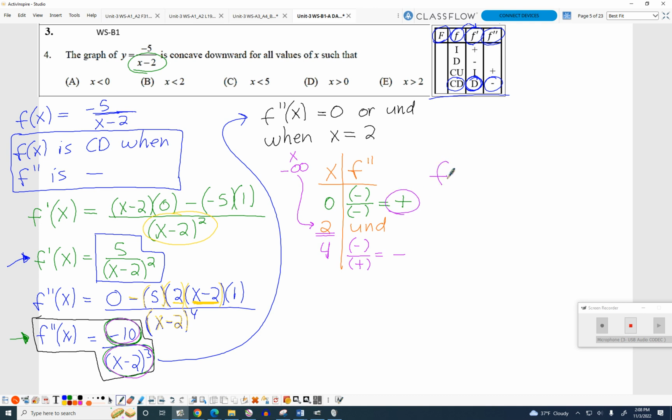So f will have a concave up shape. x equals 2 is the divider. After x equals 2, every xy pair on f will have a concave down pattern. So what's the correct answer up there? Show me. If you're doing this, give yourself 5 points. Generous. Another W for Chris. Yippee.